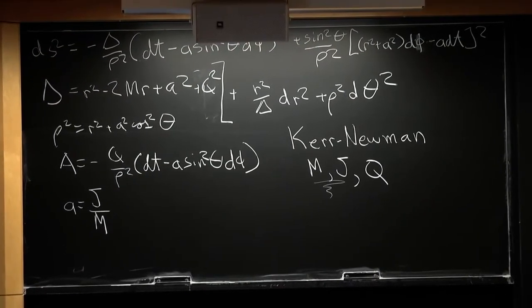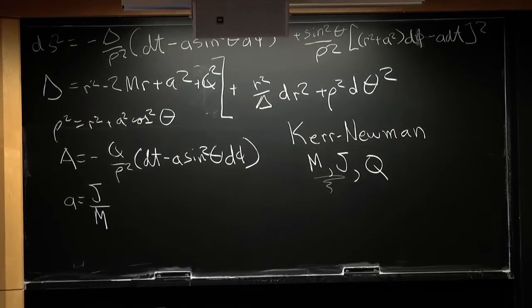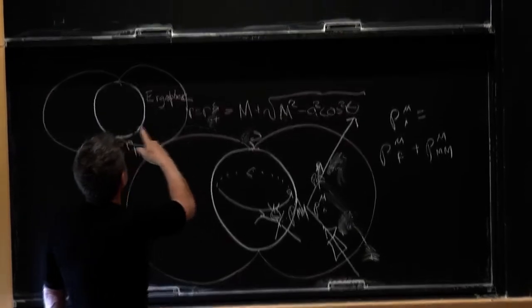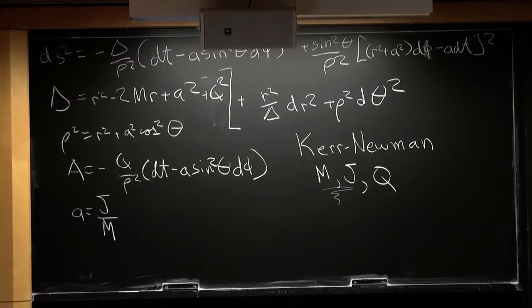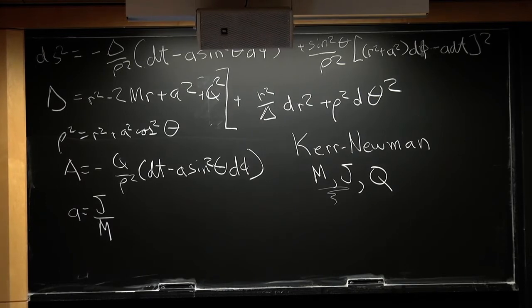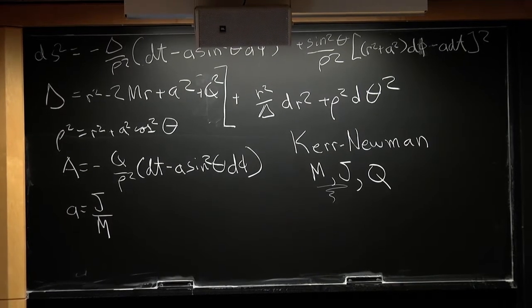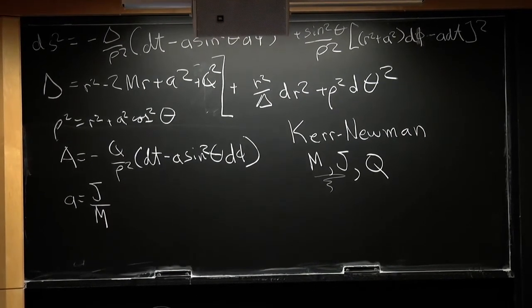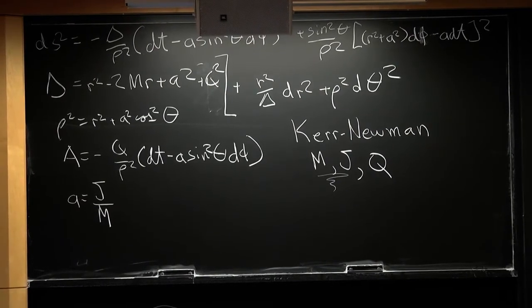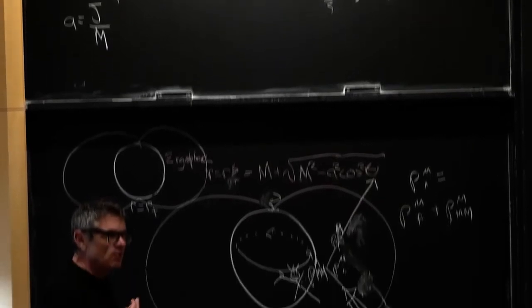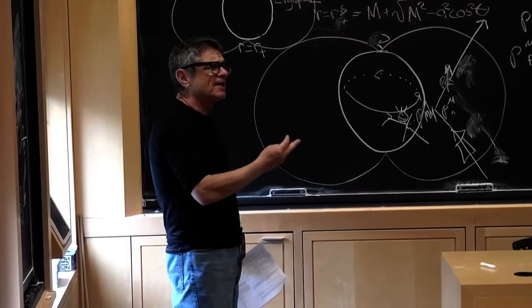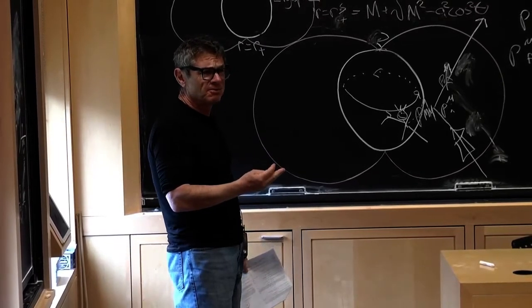If you reduce the mass while keeping the angular momentum fixed, and look at the solution with A greater than 1, the R plus becomes complex, there's no horizon, and it's just a naked singularity. So if you found a mechanism of extracting energy out of a black hole without extracting any angular momentum, you could violate the cosmic censorship conjecture.